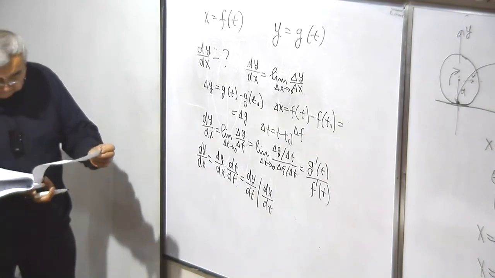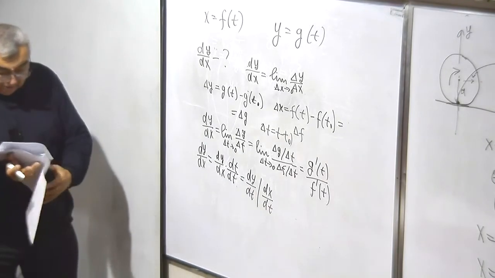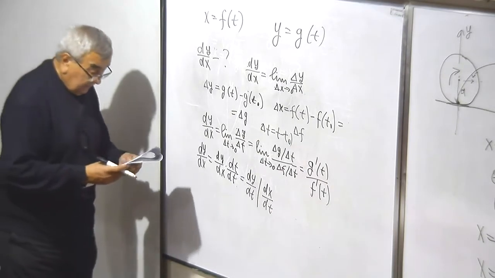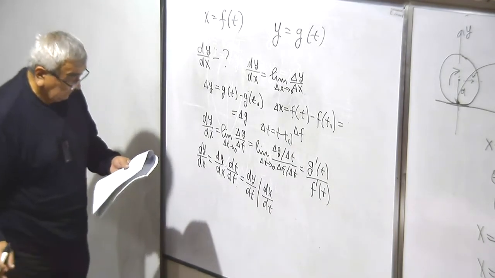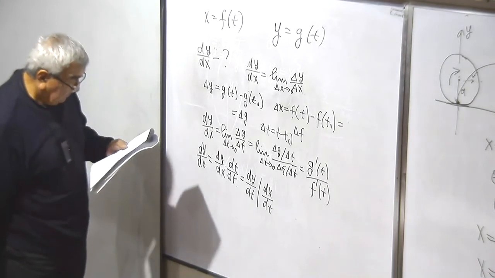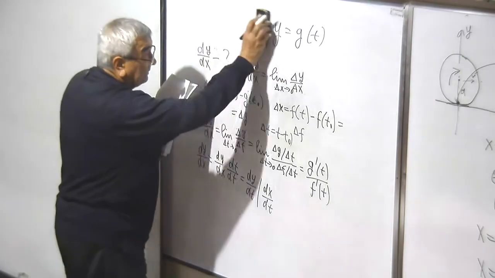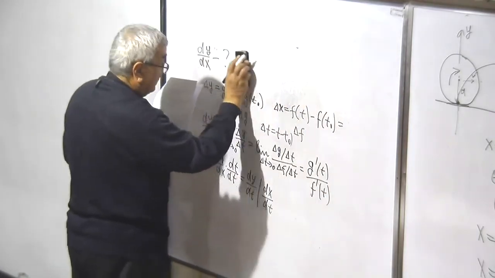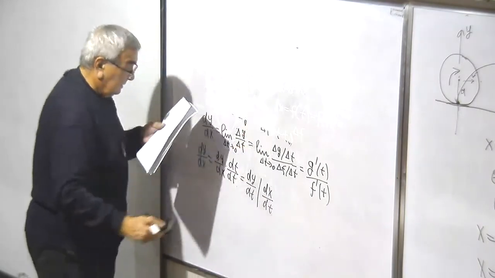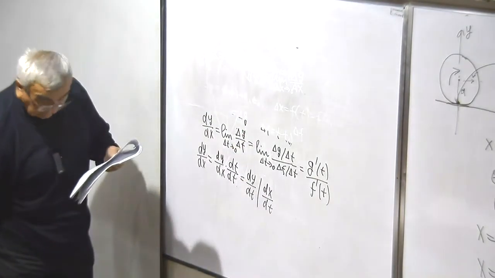Now I would like to find the second derivative using this property. Second derivatives. That means the second derivative should be the following.